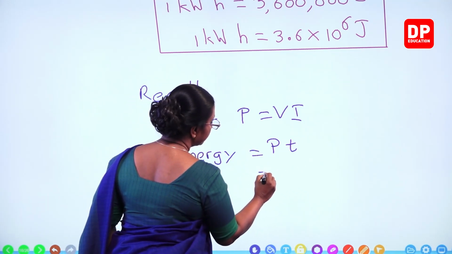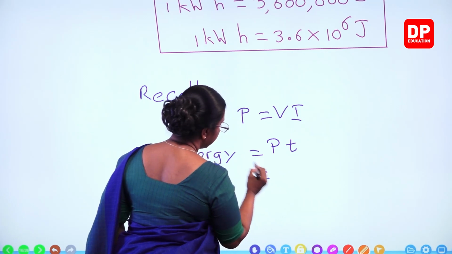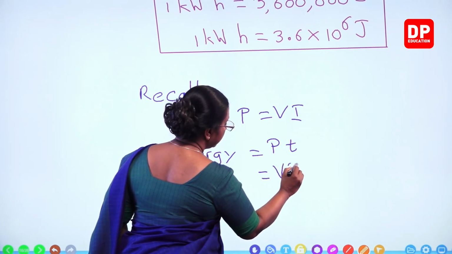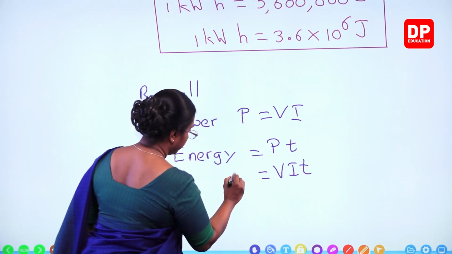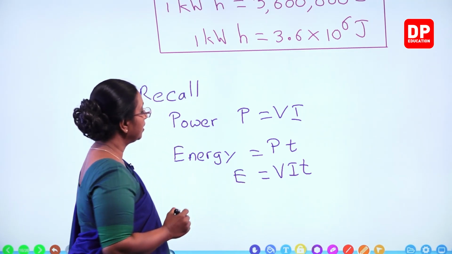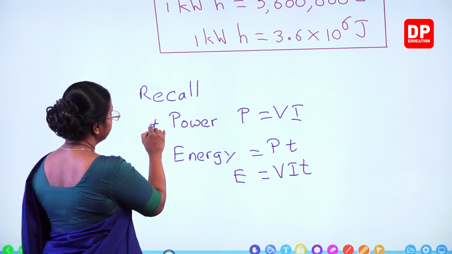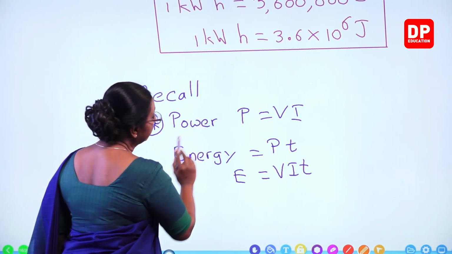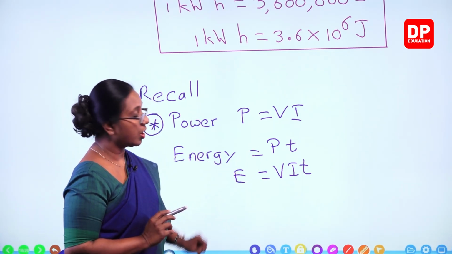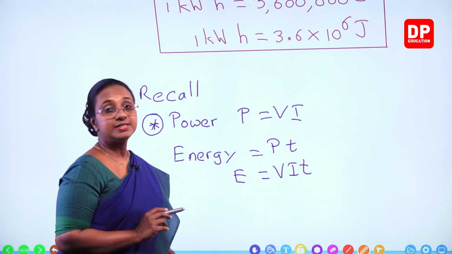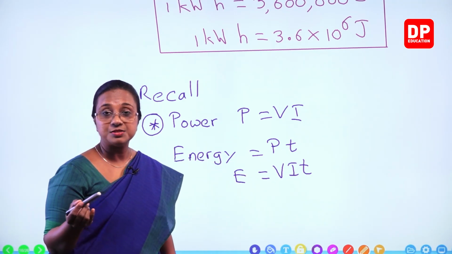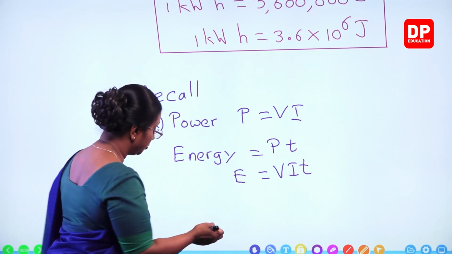So based on this, we got the equation energy equals VIT. So these are all equations that we used before. So what does it say? If you use 1 watt for 1 second, the energy that has been used is equal to 1 joule.